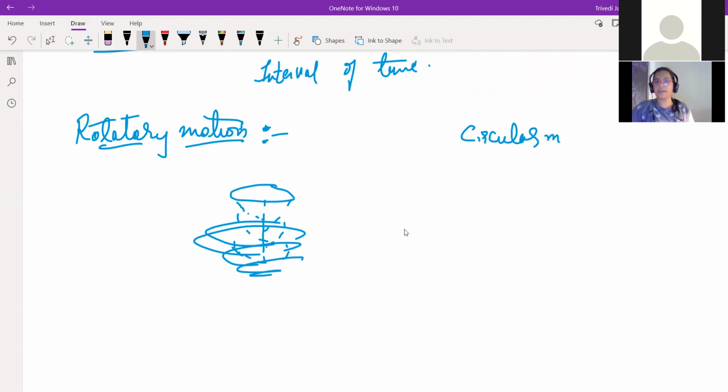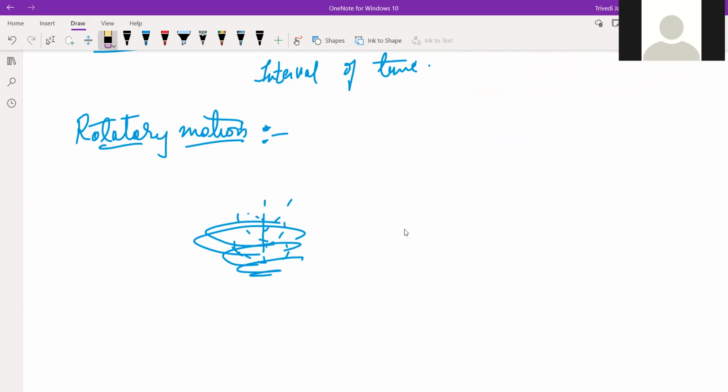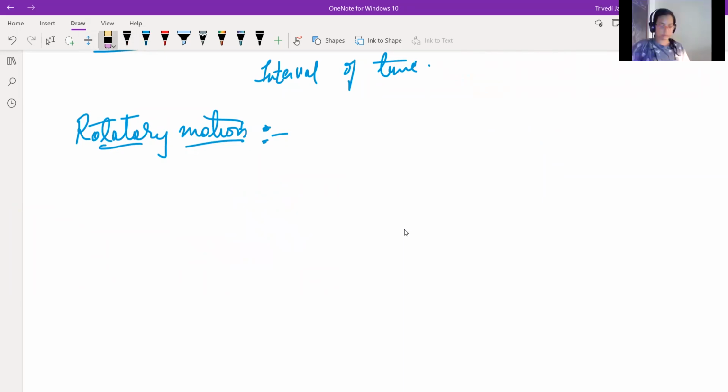Now, can a fan come under rotatory motion? Sir, can you write the rotatory motion definition in proper words? Sun? No sir, fan. The Sun is not rotating, but yes, if you assume that. Sir, it is moving on its own axis, so it is rotating. Yeah.